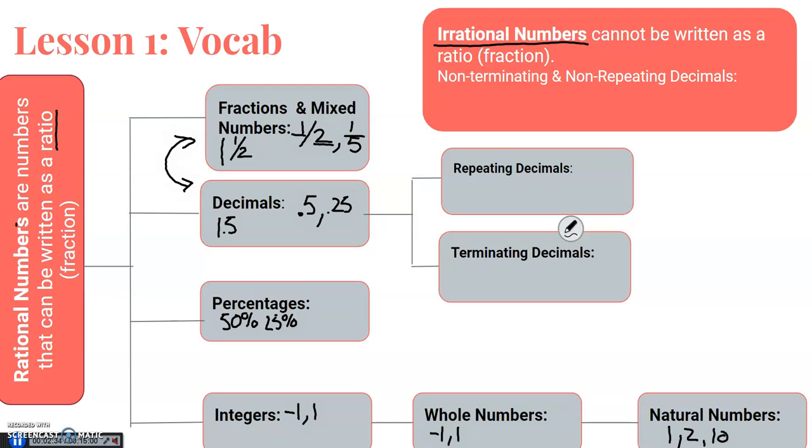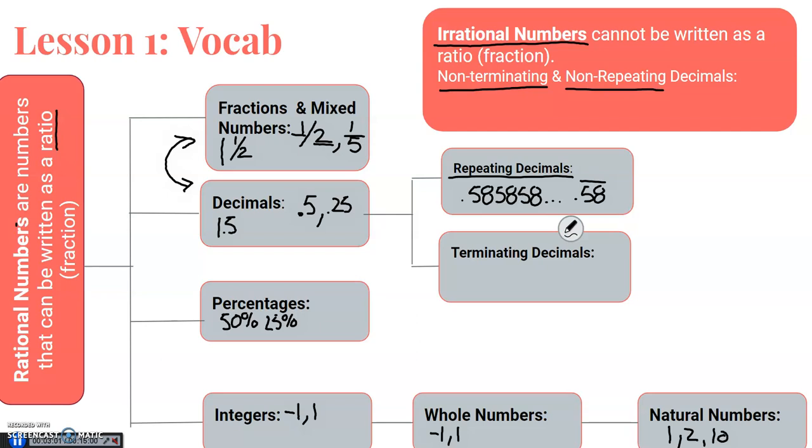So what do these look like? Non-terminating and non-repeating. So what a repeating decimal does look like is it'll have some numbers and they will just keep repeating. It can also be rewritten as that.